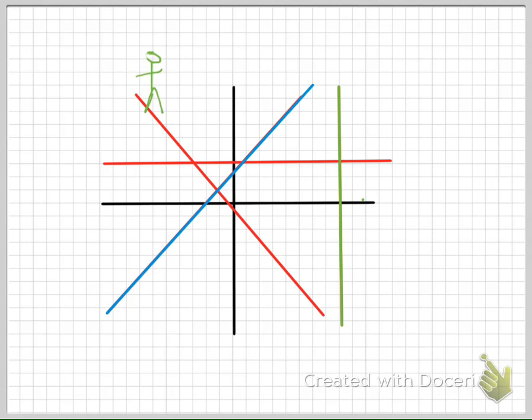Now, if I put my same little skier guy on this line, what's this guy doing? He's going down. Okay. What direction do you read, Thomas?